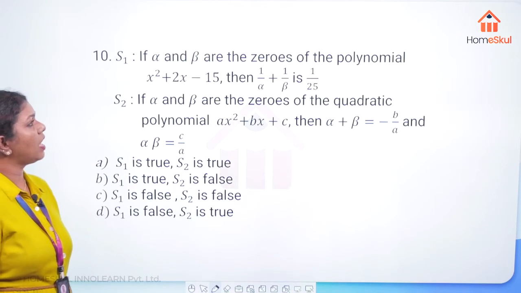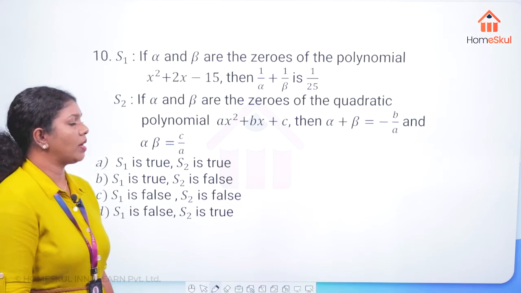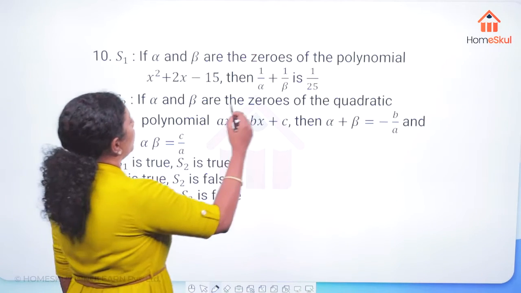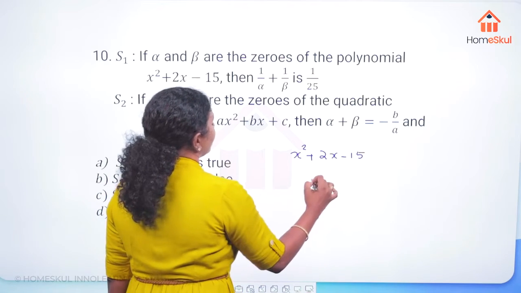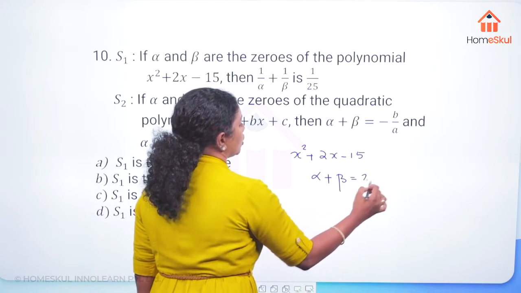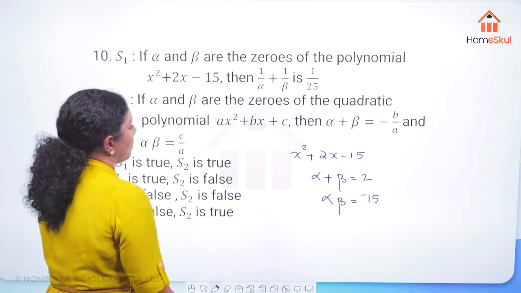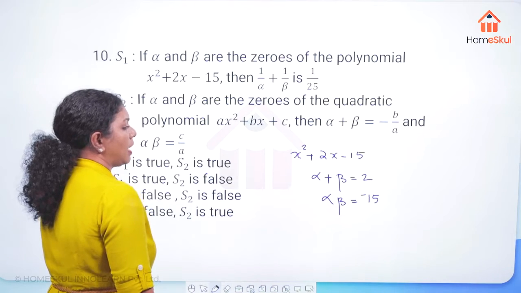Now alpha and beta are the zeros of the polynomial x square plus 2x minus 15. Then 1 by alpha plus 1 by beta is 1 by 25. Now we have x square plus 2x minus 15, where alpha plus beta is equal to 2 and alpha into beta is equal to minus 15. Right? Sum is 2 and the product is minus 15.